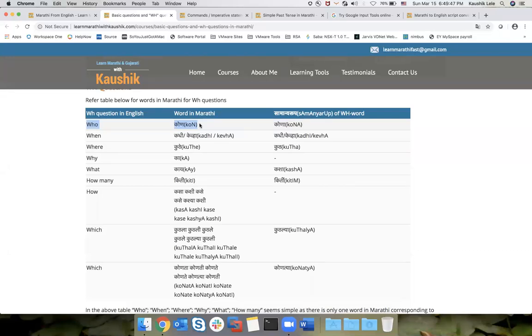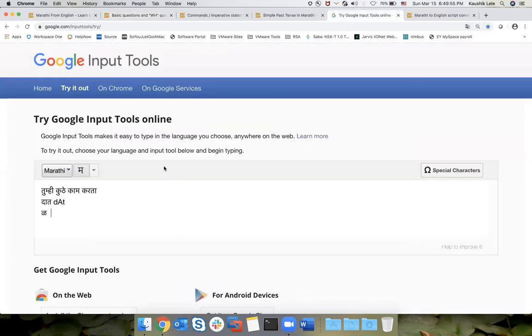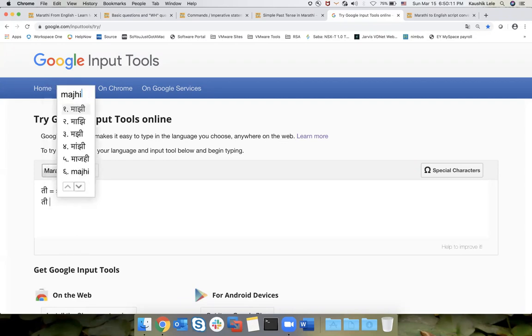She is my friend. How do you say? ती माझी मैत्रीण आहे. Te or ti? Ti. She. So ती माझी मैत्रीण आहे. Te is for masculine plural.